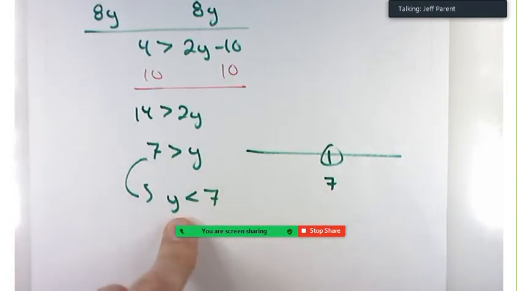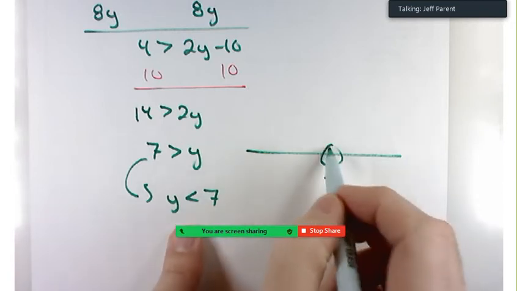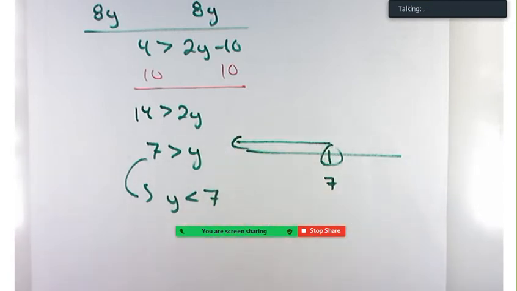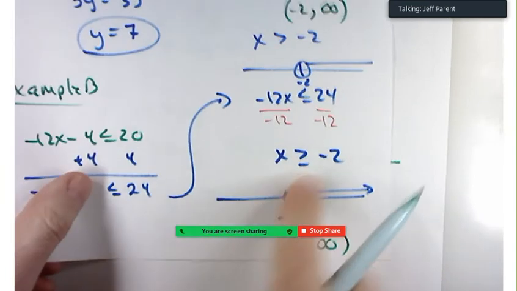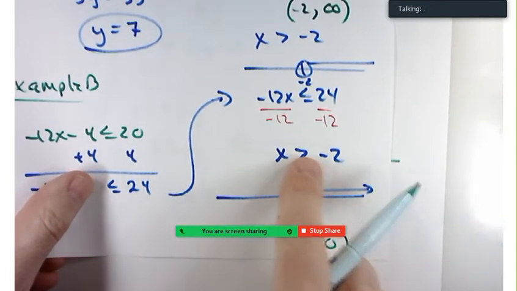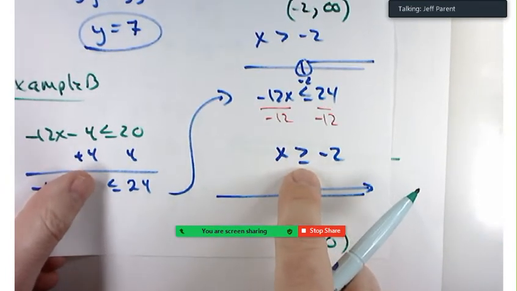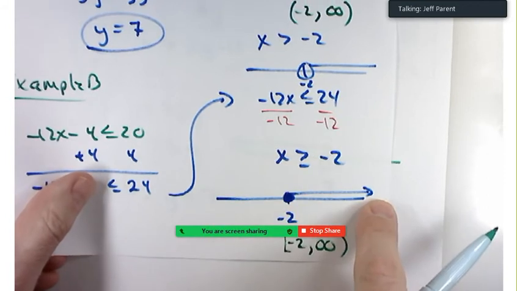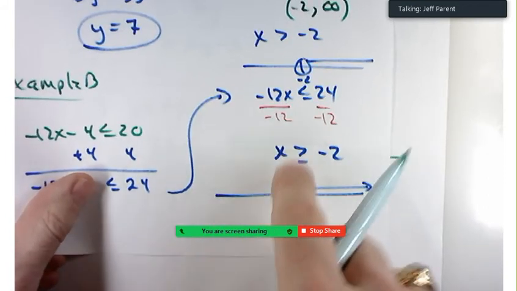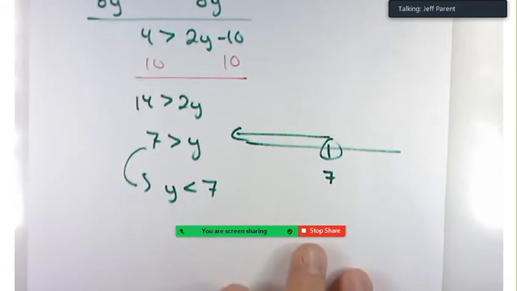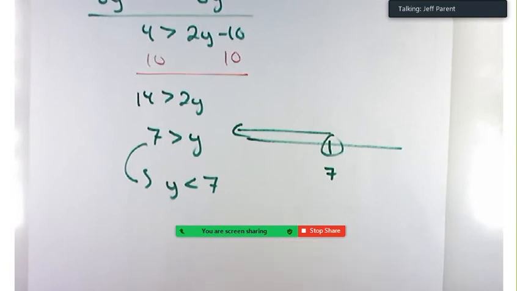The nice thing is if you have your variable on the left-hand side, that inequality points in the direction you're going to draw your graph. Less than goes like that. Greater than goes to the right. So this inequality points in the direction that you're going to draw your graph as long as the variable's on the left-hand side. So a nice little trick if you can pick it up. If not, don't worry about it. Just try and think through which way you're going to draw this.